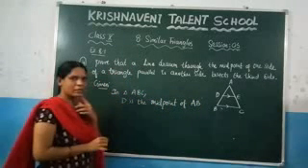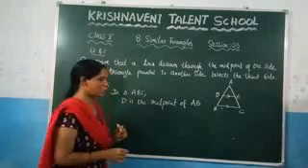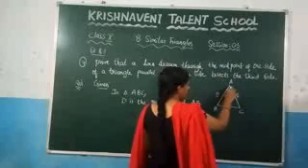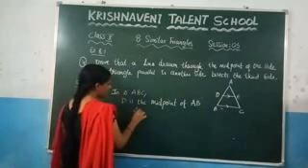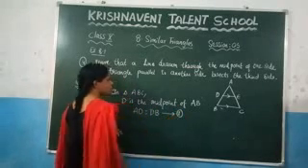This is given, right? And you need to draw one line by passing through the midpoint of one side. So here D is the midpoint of AB. What we can write? We can write it here AD is equal to DB. So writing here, since D is the midpoint, what you can write? AD is equal to DB. Let us consider this as equation 1.